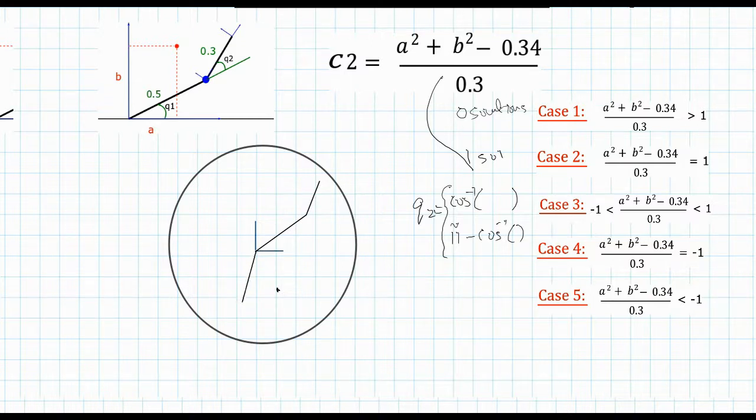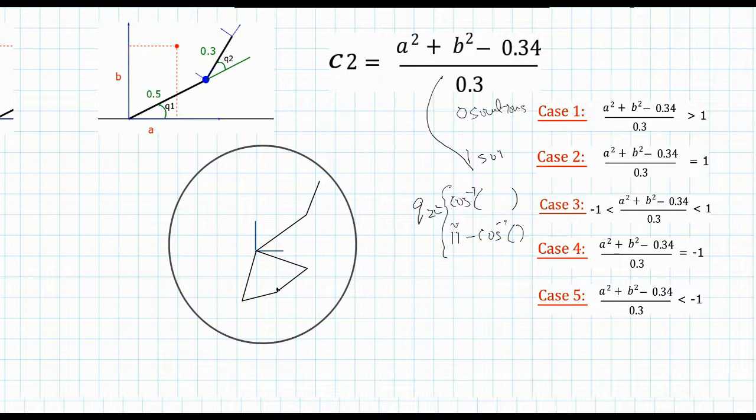I can have my robot arm like this, or I can have my robot arm like this. Okay, these are two configurations. One is called elbow up, and one is called elbow down.